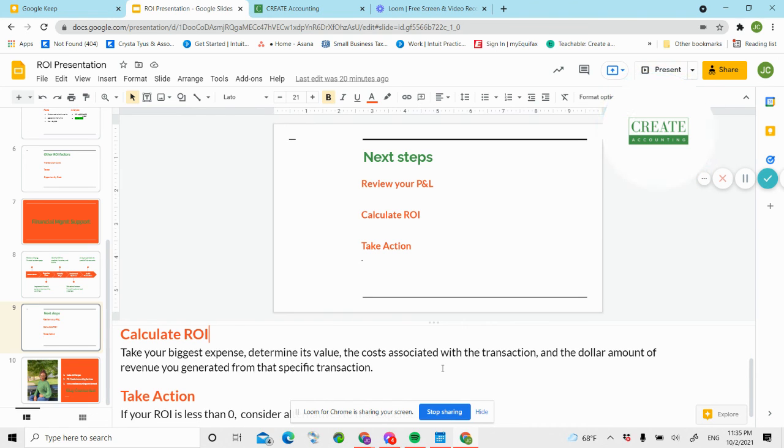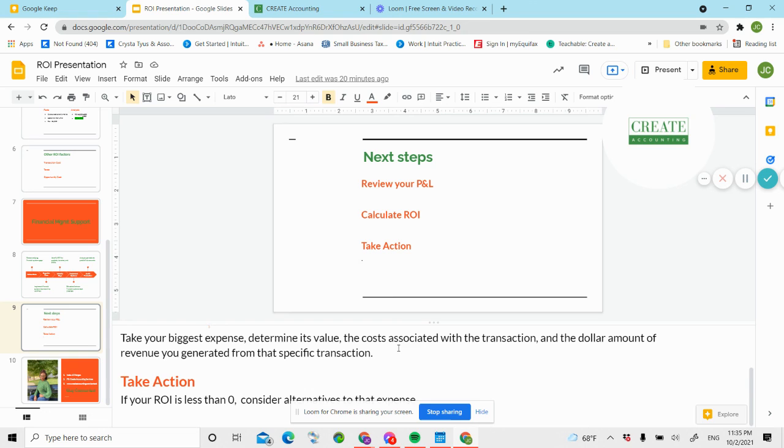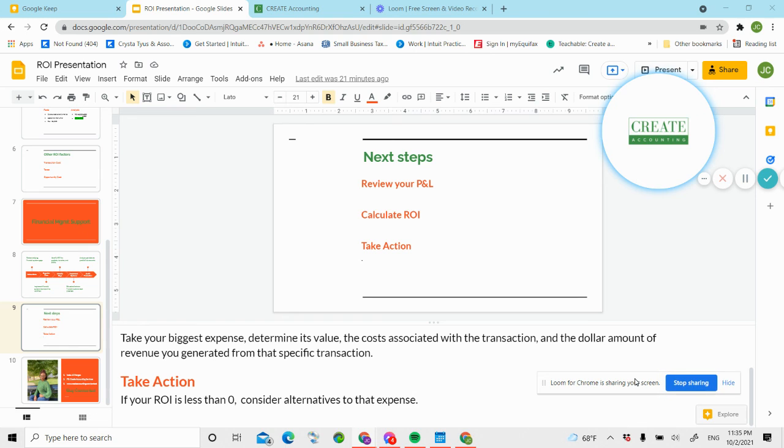And I want you to calculate your ROI. Now, if your ROI is less than 0, I want you to consider alternatives to that expense. All right. And then drop me some comments or send me an email and let me know what your alternative was. Submit your homework in any way that is easiest for you.